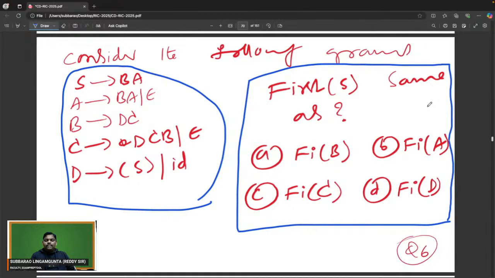Can you try this? From the given grammar, what is first of S? So first of S means you have to indirectly find out. Indirectly they are asking what is first of S, what is first of B, what is first of A. It is asking first of everyone.